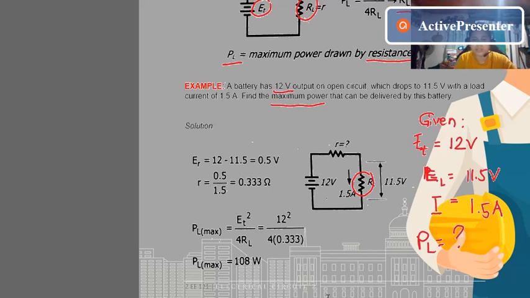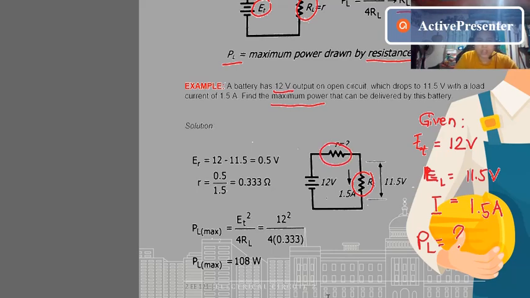So we have drawn our figure first. Since the total voltage is given, we need to find the voltage across our small letter r, or ER.